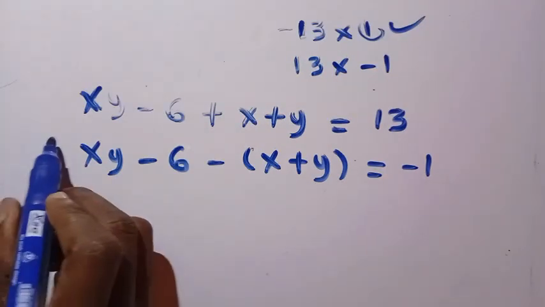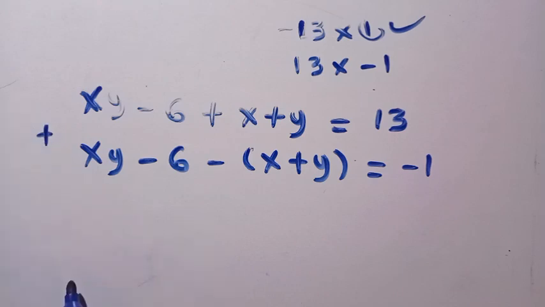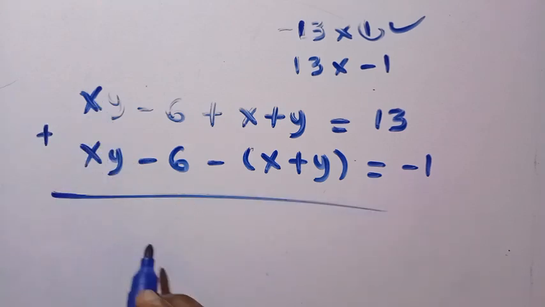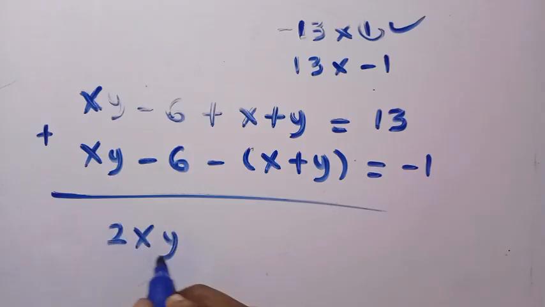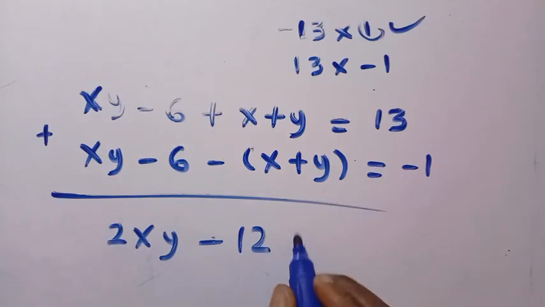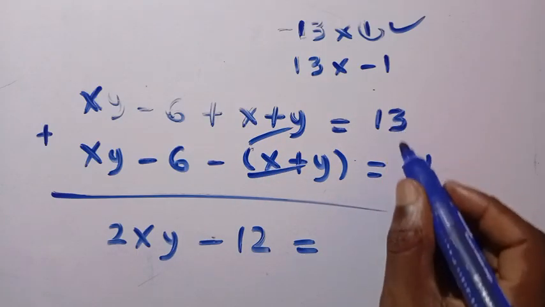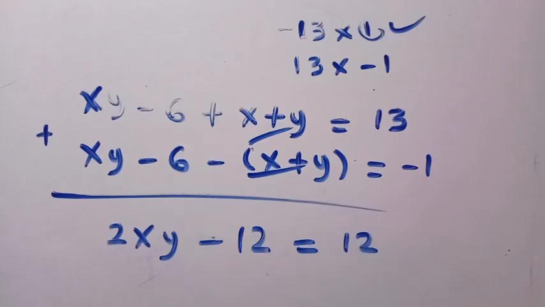Then, let's say we add first. By adding this first, we are going to have this plus this, that is 2xy minus 12, and this cancels, and we have this equals 13 minus 1, that is 12.